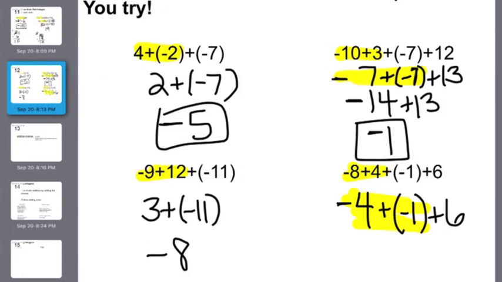Negative 4 plus negative 1, same sign, means your answer keeps the sign. Add the absolute values, so 4 plus 1 is 5. Plus 6. The absolute value of 6 is bigger than the absolute value of 5, so our answer will be positive. 6 minus 5 is 1.